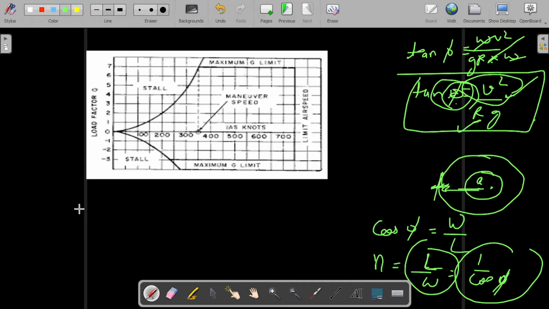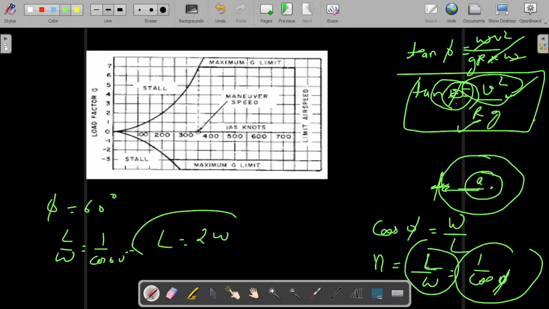So let's say if the aircraft is banking at an angle of 60 degrees, then L by W is equal to 1 upon cos 60, that will be equal to 2, so lift is equal to 2W. So that means the wing of an aircraft doing a bank, this is the lift.